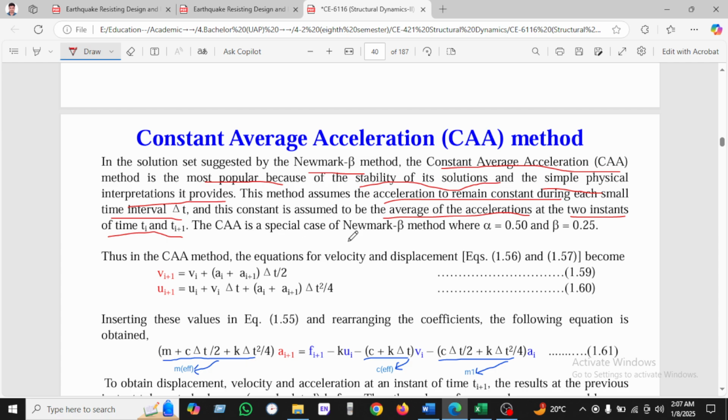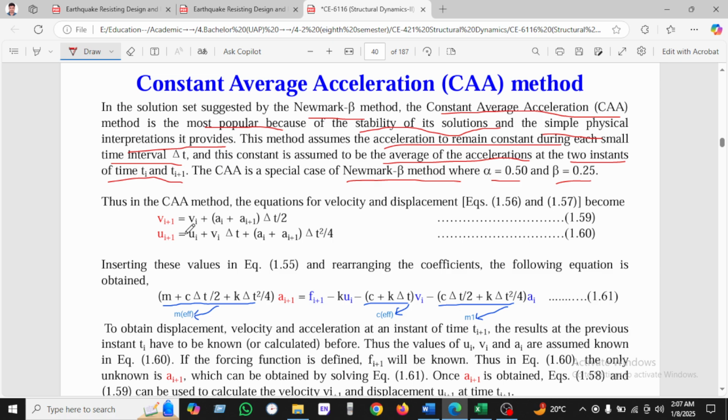The CAA method is a special case of the Newmark-Beta method, where gamma equals half, which is 0.50, and beta is one fourth, which is 0.25. So the velocity term is delta t by 2, which is 0.5, and the displacement term is delta t squared divided by 4, which is 0.25.